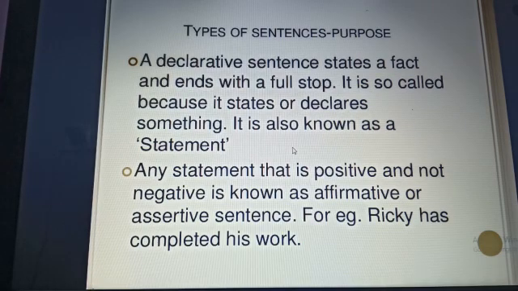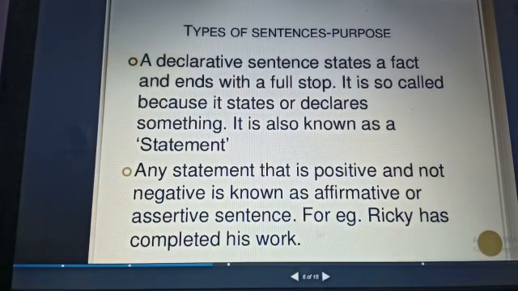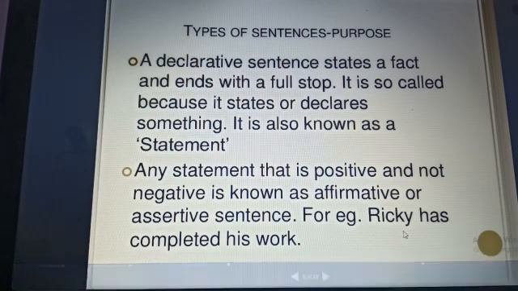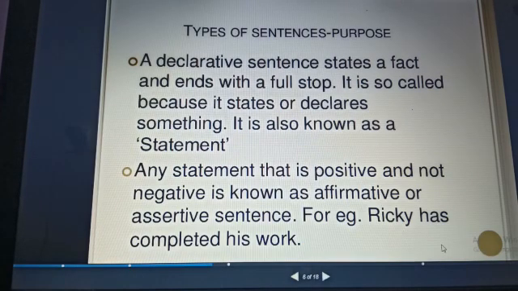Positive sentences are also known as affirmative or assertive sentences. For example, Ricky has completed his work. So what would be the negative of this sentence? The negative of this sentence would be Ricky has not completed his work.